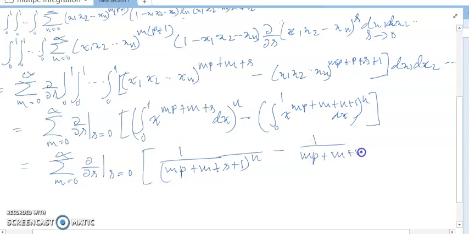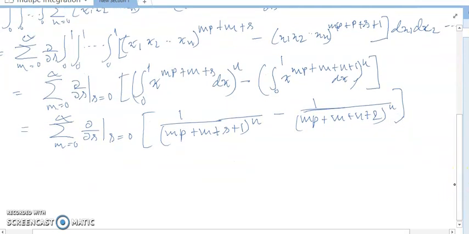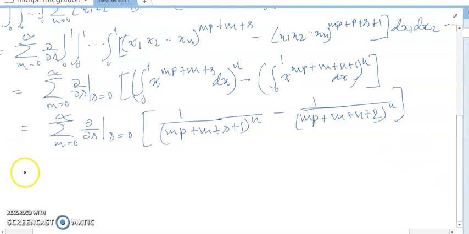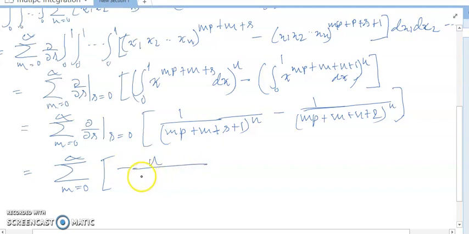So now, differentiating both sides with respect to s, I get n into 1 by (mp plus m plus s plus 1) whole to the power n plus 1, minus n into 1 by (mp plus m plus p plus s plus 2) whole to the power n plus 1.